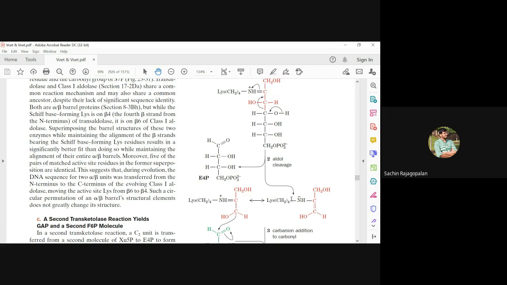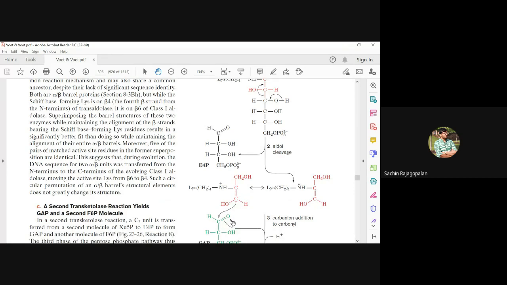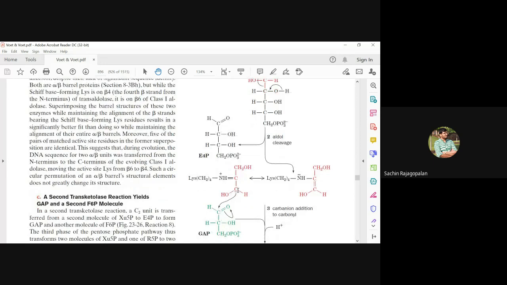But to stabilize this structure, we will shift this double bond back to NH and carbon. So we are shifting it such that you form a carbanion. This structure is called a carbanion because you have the possibility of attaching a compound over here to the carbon which now has a negative charge.